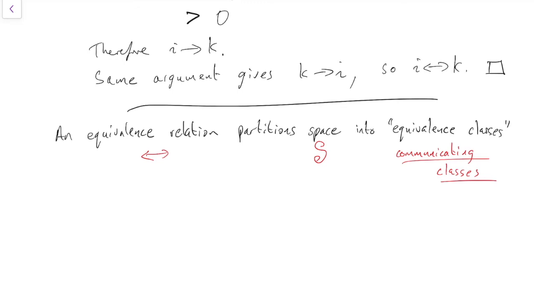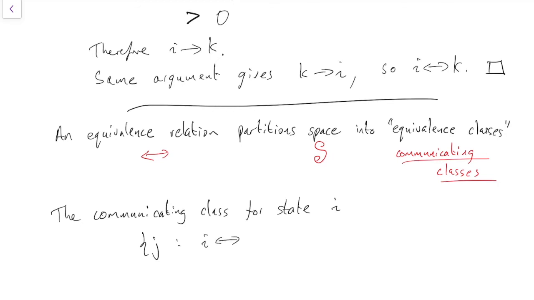So to write that out, the communicating class for the state i is all the states j such that i communicates with j.